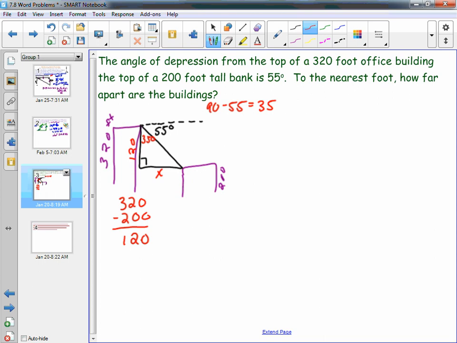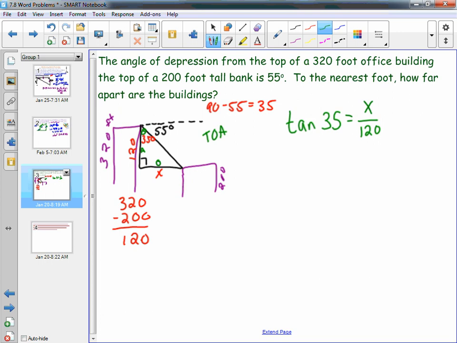Now, to solve, I have from theta, here's my opposite, here's my adjacent. Again, I am using TOA. So I'm going to say the tangent of 35 degrees is equal to my opposite, x, over my adjacent, 120.